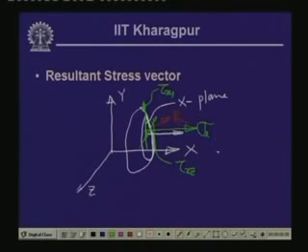The normal stress we call sigma x, and the other 2 components, which are in the plane, we call shearing stresses, and they are tau x y and tau x z.